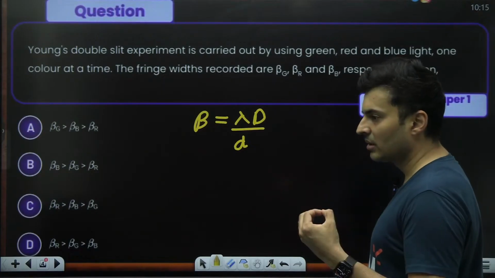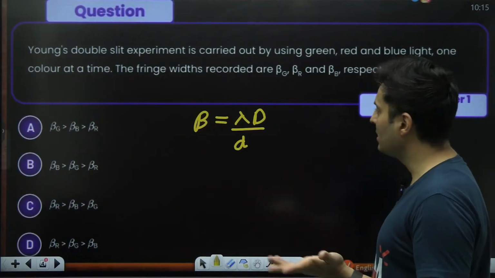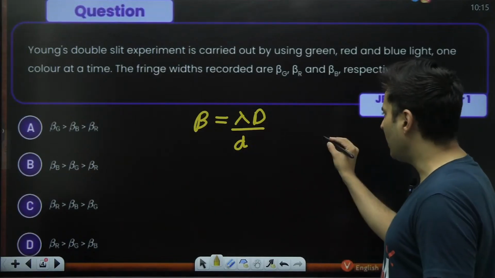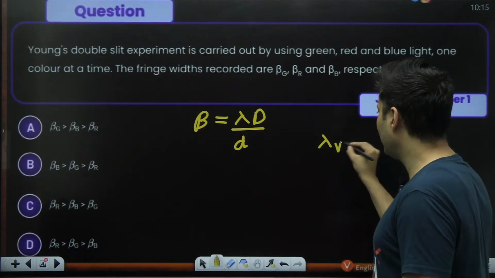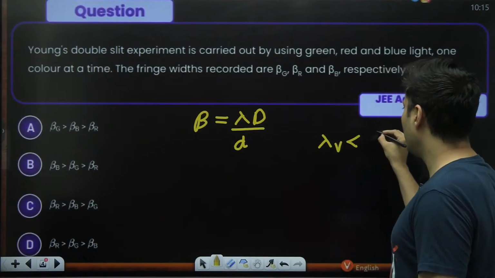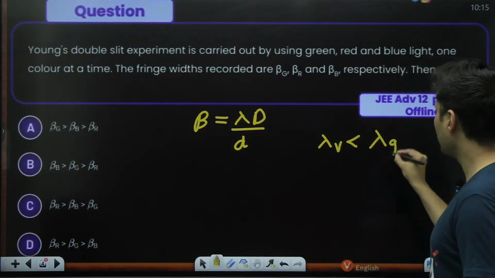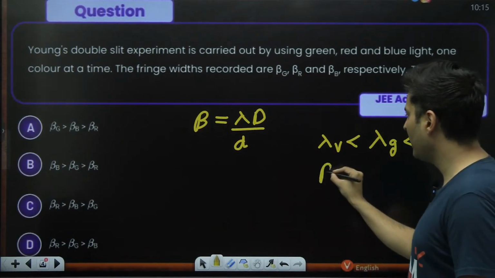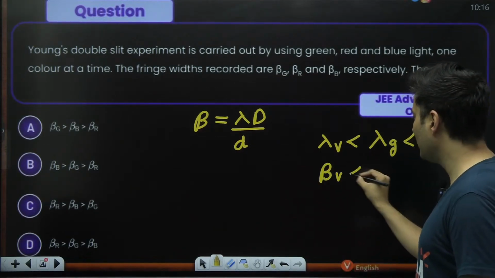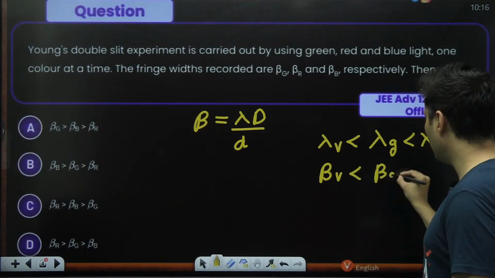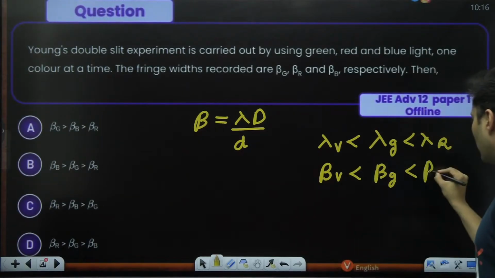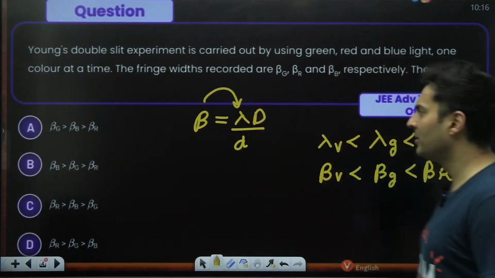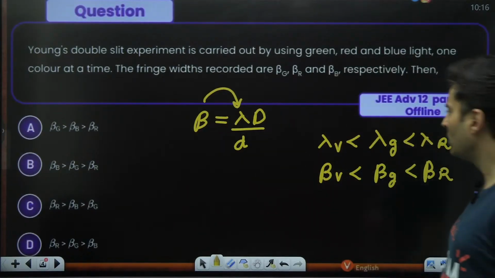So the refractive index and wavelength are all related to each other. Also lambda for violet is less as compared to lambda for green, and lambda for red is the highest. In the same way, beta for violet will be the least as compared to beta for green, and beta for red will be the highest, because you can see fringe width is directly proportional to lambda.